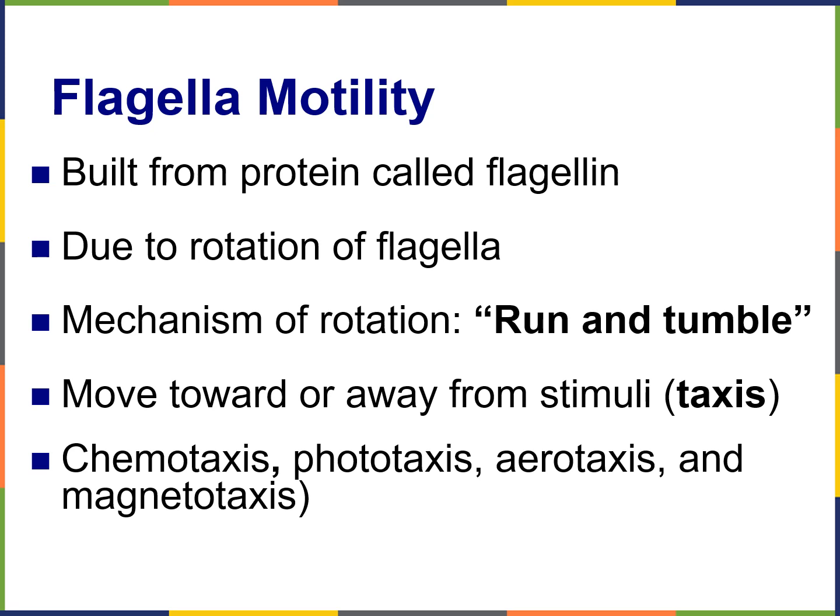So this mechanism is known as run and tumble. The mechanism of rotation of how bacteria move is known as run and tumble. As the flagella is turning clockwise, the bacteria are running, or they are moving. And then at some point, that flagella rotates to the point it can't rotate anymore.